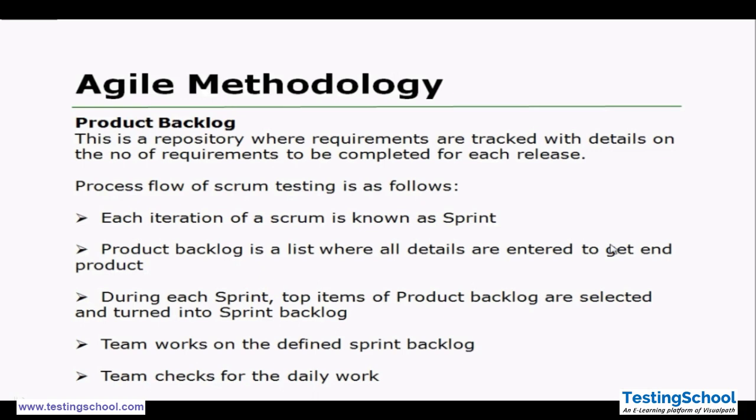So this is the agile model and certain points of the agile methodology which we follow in our real projects. In this session, we have seen the complete agile model and the points followed in the agile methodology.